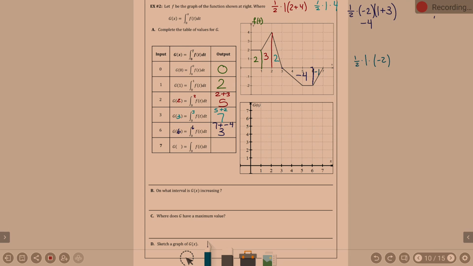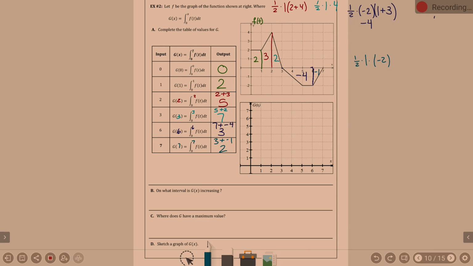So we're going to say, oh, I guess I didn't fill this in, sorry. G of 7, 0 to 7, 3 plus -1, which puts us at 2. Okay, well, technically, that's part D down there. So hold that thought.